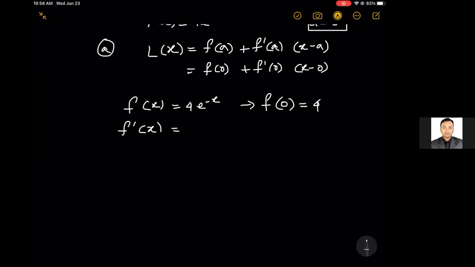You're almost right, but not quite. Someone else from group 2? Someone from group 3? We got -4 e to the negative x. Negative x, exactly. It's -4 e to the negative x.